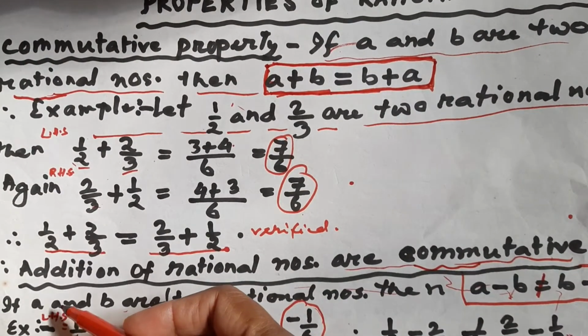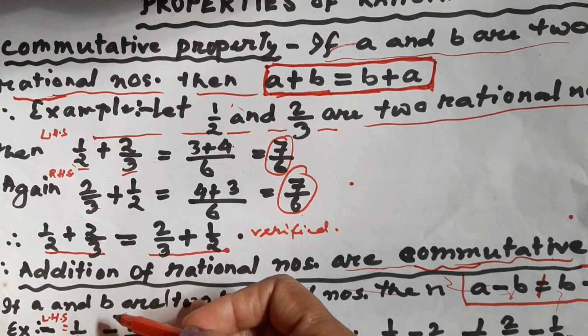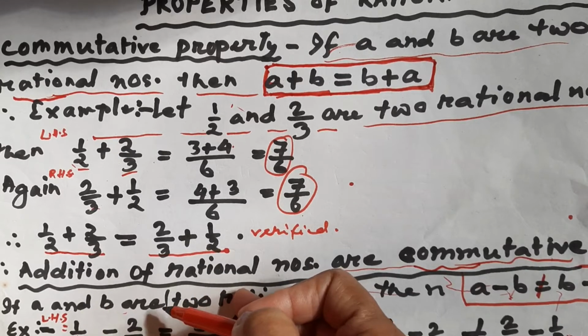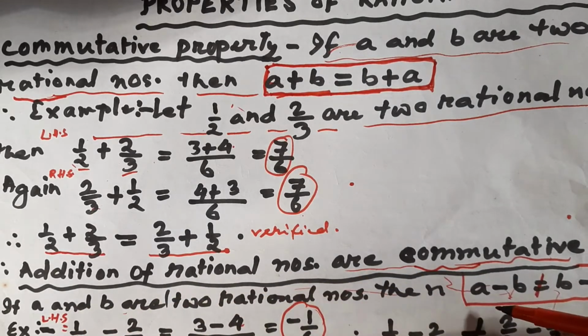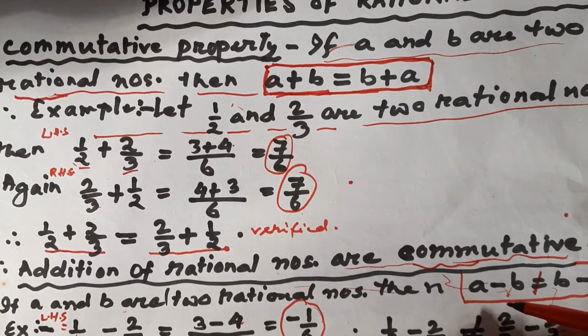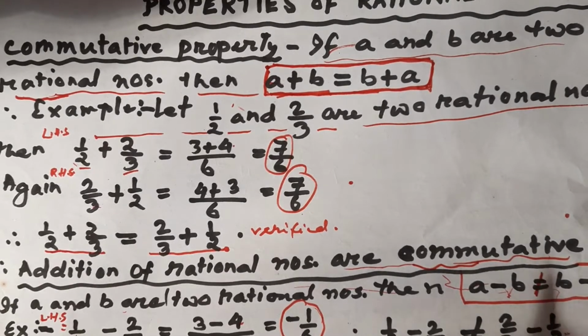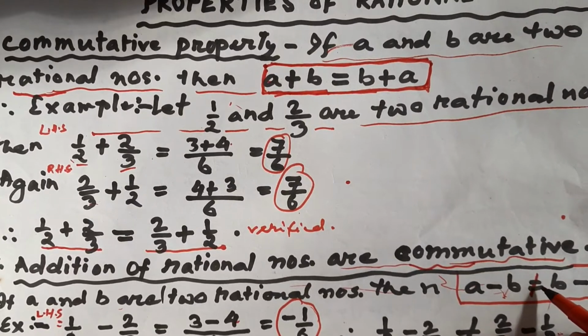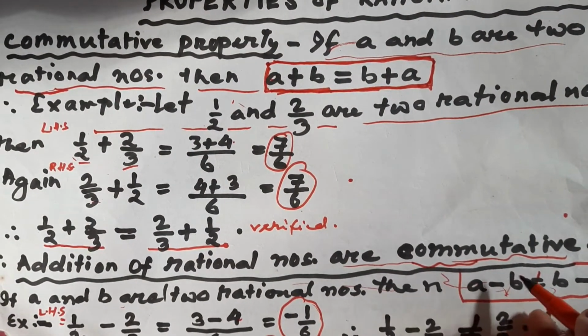Now we have to check whether the commutative property holds good for subtraction or not. If a and b are two rational numbers, then is a minus b equal to b minus a or not? We have to check.